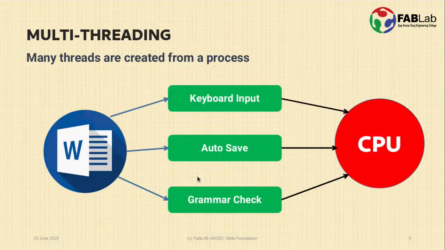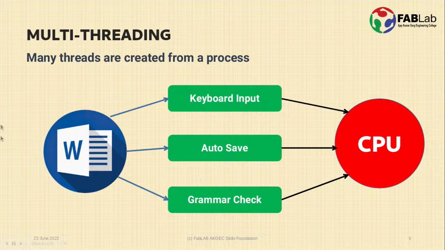The next term is related to the same scenario, and it is known as multithreading. There is a difference between multitasking and multithreading. In multitasking, as we have seen earlier, we are running multiple tasks simultaneously or concurrently, but in multithreading one task may be subdivided into multiple subtasks, or multiple threads.